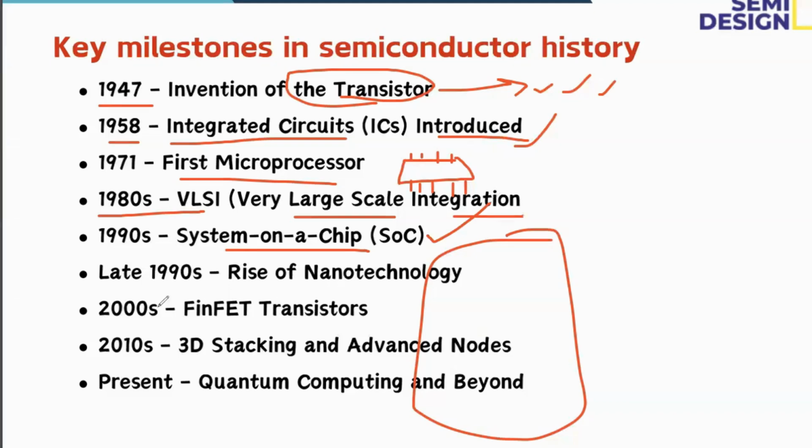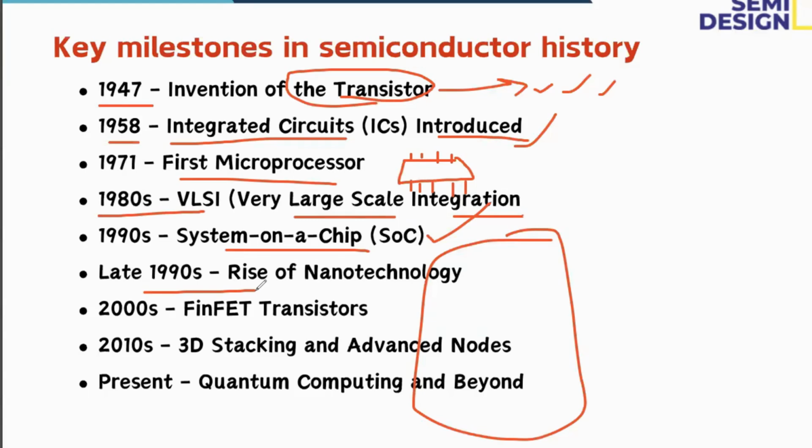From system on chip, in the 1990s, nanotechnology was also introduced. What is nanotechnology? From macrometer technology, we are coming to nanometer technology, for more efficient performance, and it reduces the power consumption because the size is reducing, right?